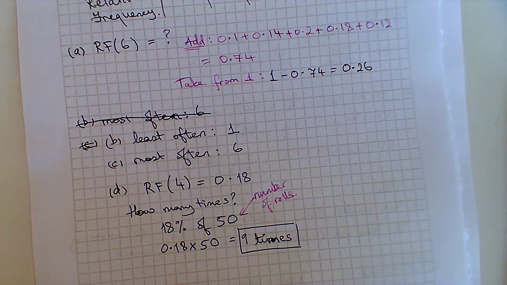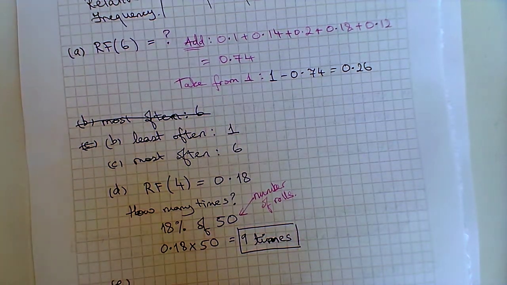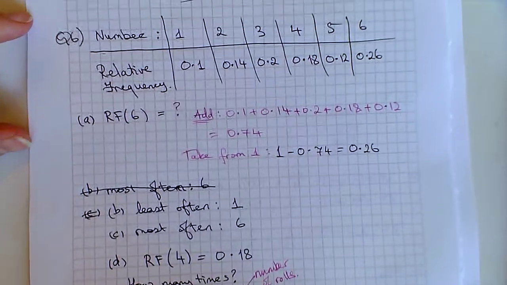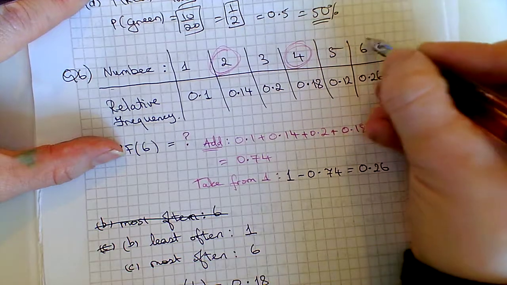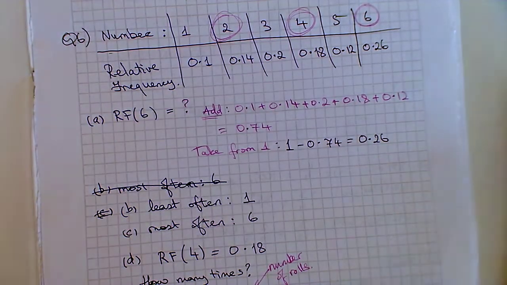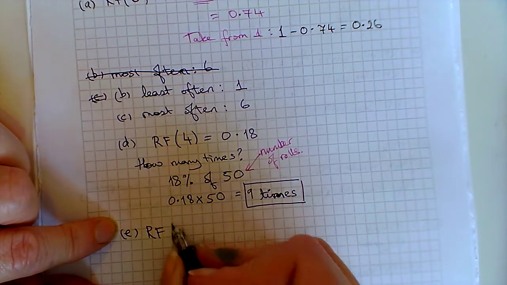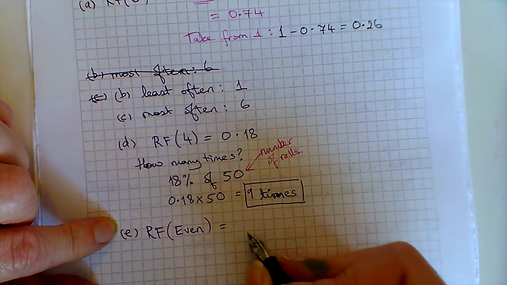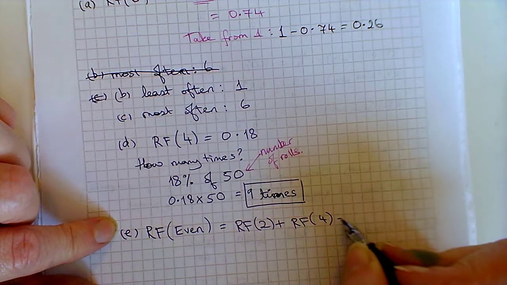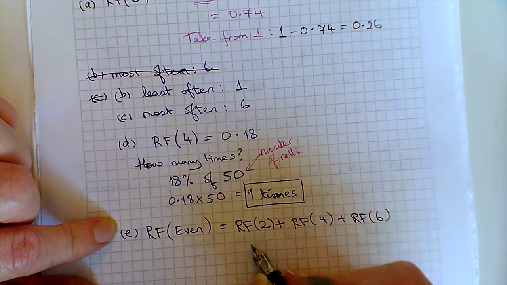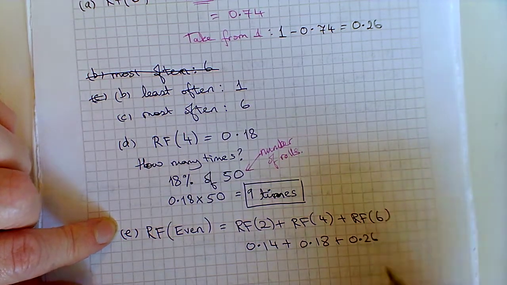Which outcome is most likely to occur: rolling an even number or rolling an odd number? Okay, well, which are my even numbers? My even numbers are 2, 4, and 6. So I can add up those relative frequencies. The relative frequency of rolling an even number is going to be the relative frequency of 2 plus the relative frequency of 4 plus the relative frequency of 6, which is 0.14 plus 0.18 plus 0.26.